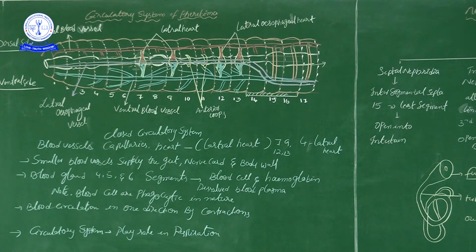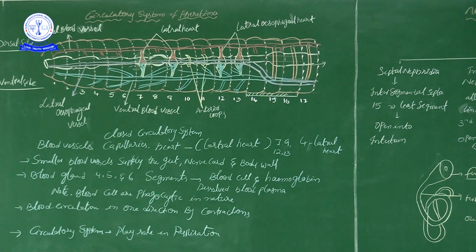For your understanding, see the cockroach movement. That cockroach movement is a contractive movement. The total body will not move at a time, not like snake movement, not like our movement.